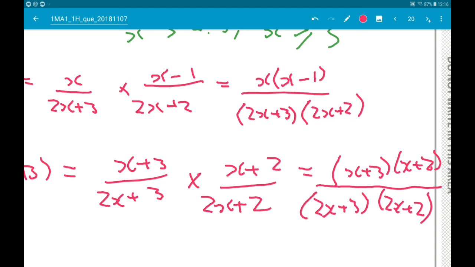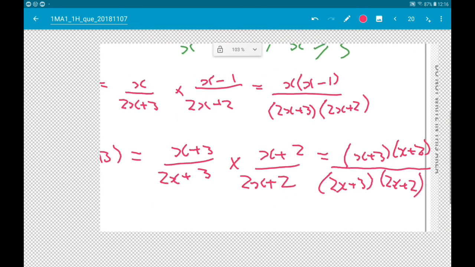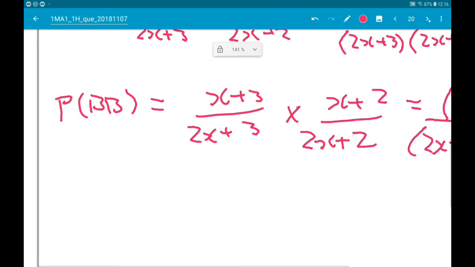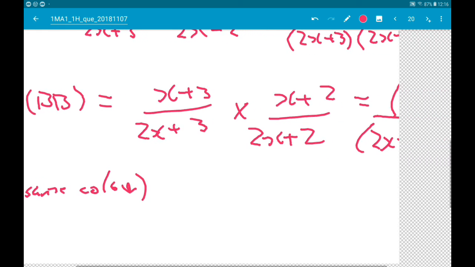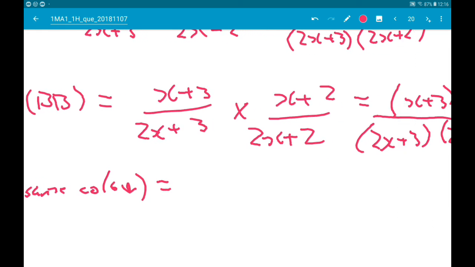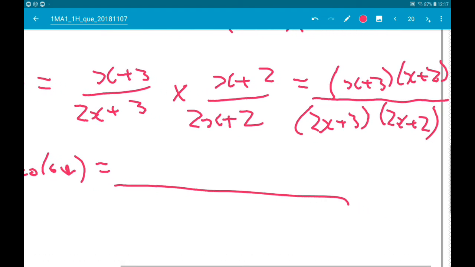So the probability of 2 pens of the same colour is these two added together. Now when you add fractions, you never add the bottoms. So the bottom, they both are the same, is (2x add 3) times (2x add 2).